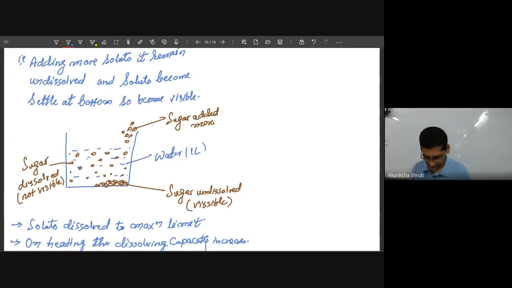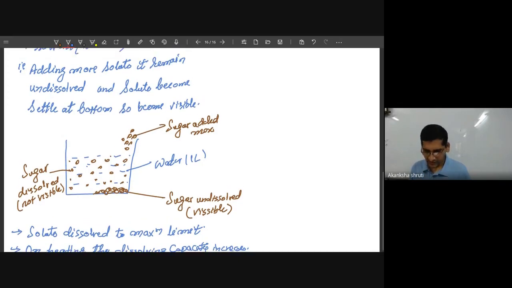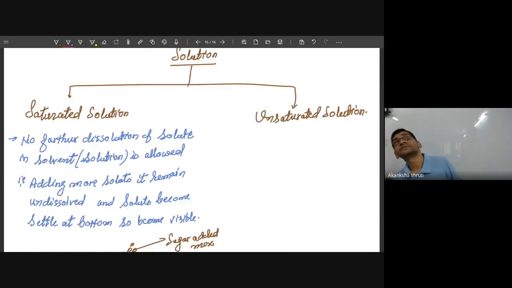The other one, let us come to the unsaturated. Students, for unsaturated, all the interparticle space of the solvent is not filled with solute, so it is able to dissolve more solute.